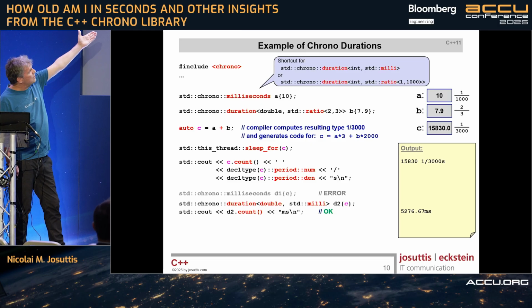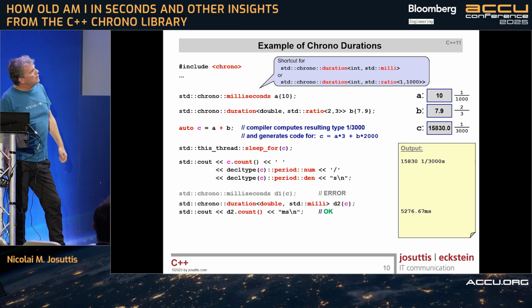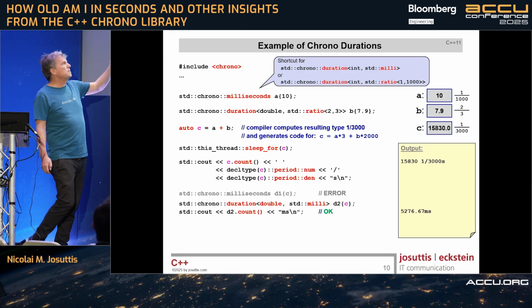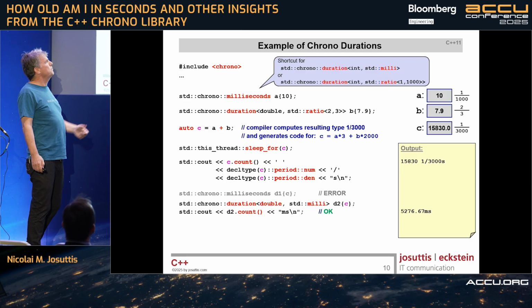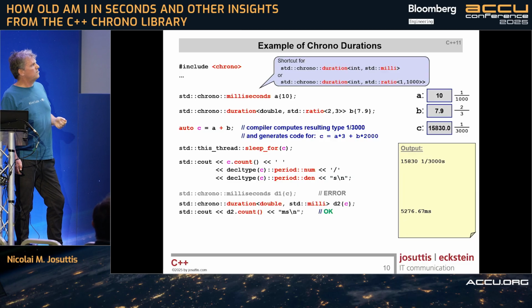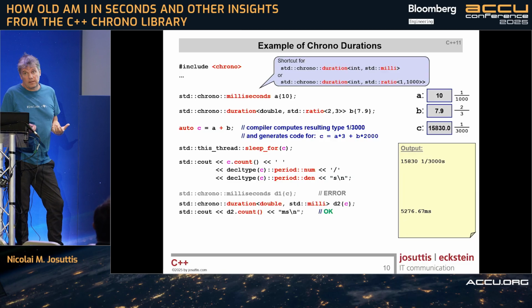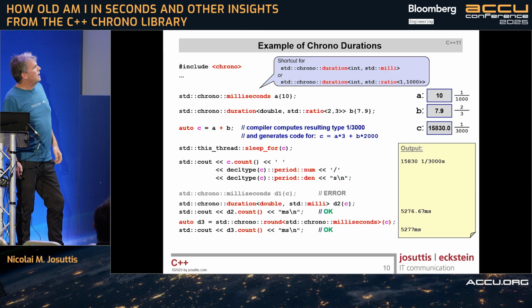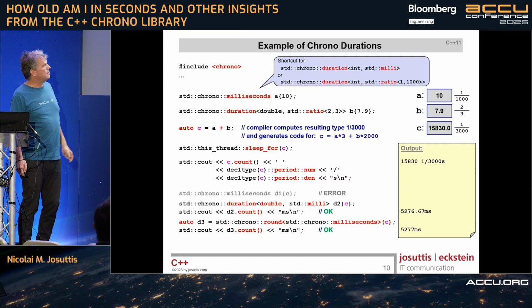So if this thread timer needs milliseconds, it would do the corresponding conversions. Again, you would not be able to convert into integral milliseconds, but you could convert, for example, into floating point milliseconds. That is not a standard type for that, but you can do that. Or you could round it again.